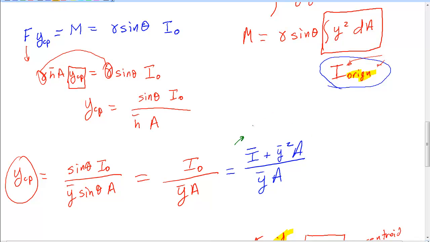So with this, I end up with y center of pressure is nothing more than, notice that this looks the same, y bar plus the second moment of area about the centroid over that.